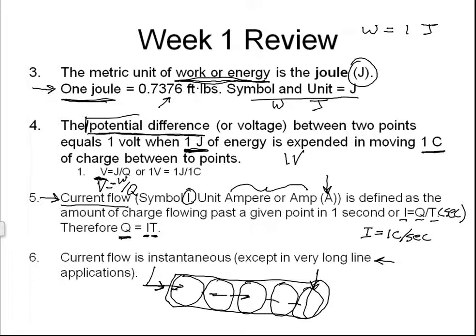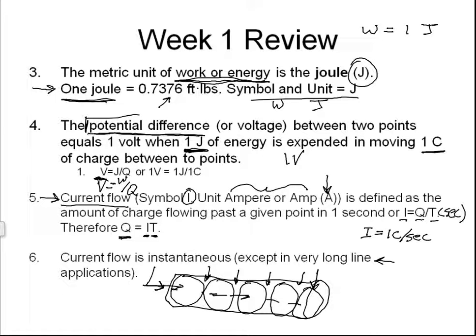Now, given that there is a tiny space in between, in applications such as power transmission, where the current is flowing over hundreds of miles of cable, that's going to take maybe a millisecond or so.